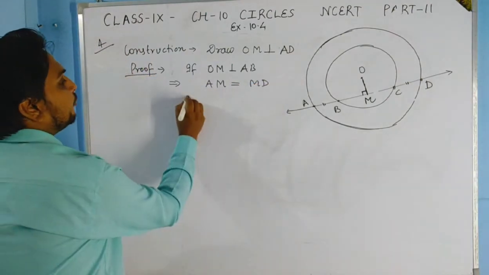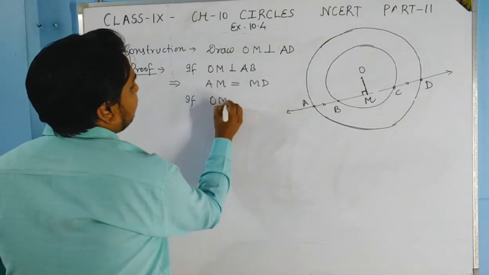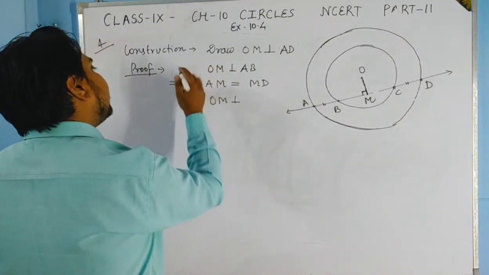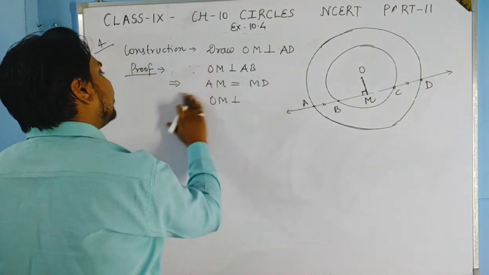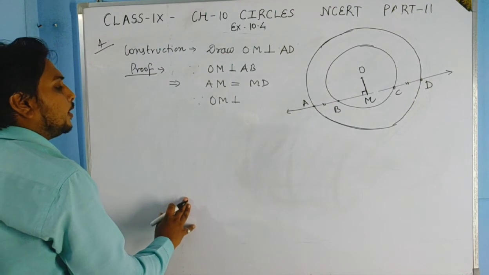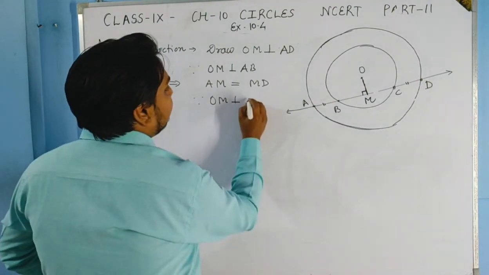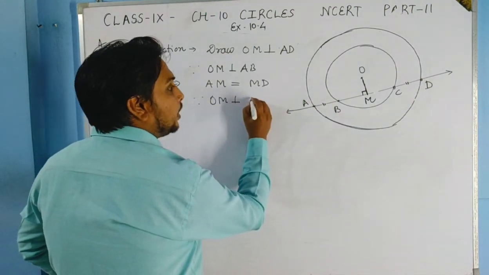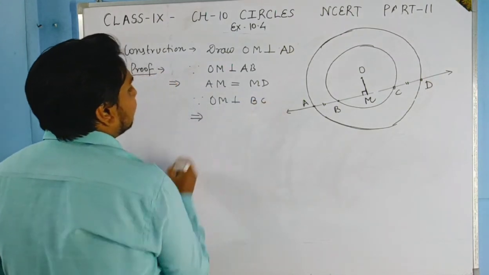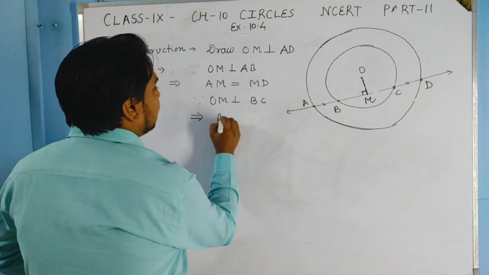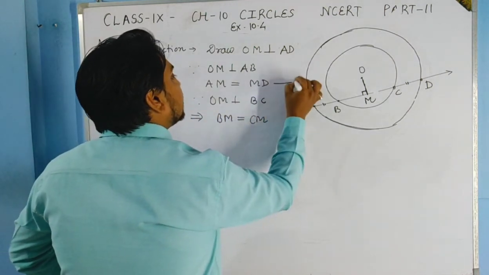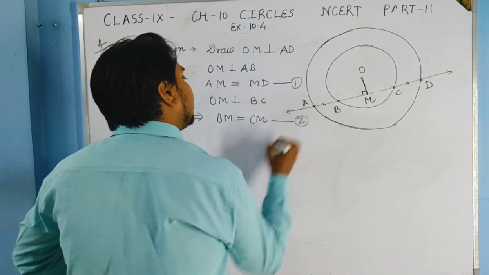Since OM is perpendicular to BC, this will imply that BM is equal to CM. Suppose it is the first equation and it is the second equation.